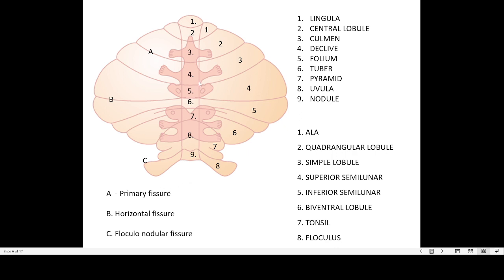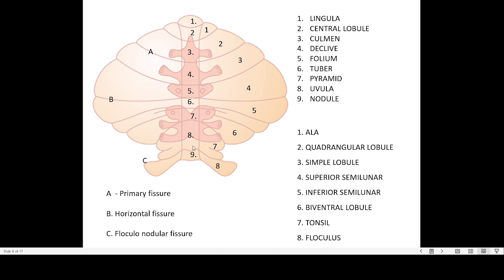Here you can see A is the primary fissure, which separates the anterior lobe and the posterior lobe. Then you can see the flocculonodular lobe, and the separation here is the flocculonodular fissure.